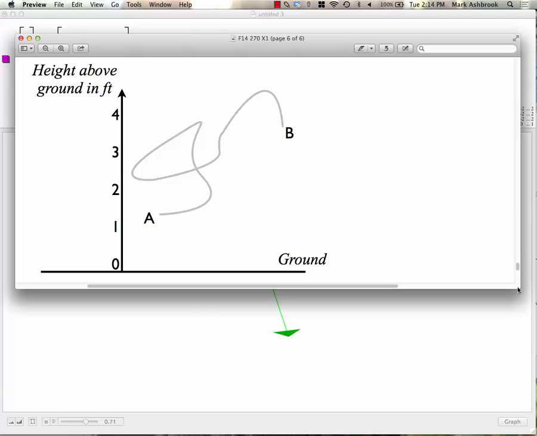So could this be the graph of the height above the ground as a function of horizontal position? Is that the graph of that relationship? Distance above ground as a function of horizontal position or horizontal distance. Say this is the edge of the house.